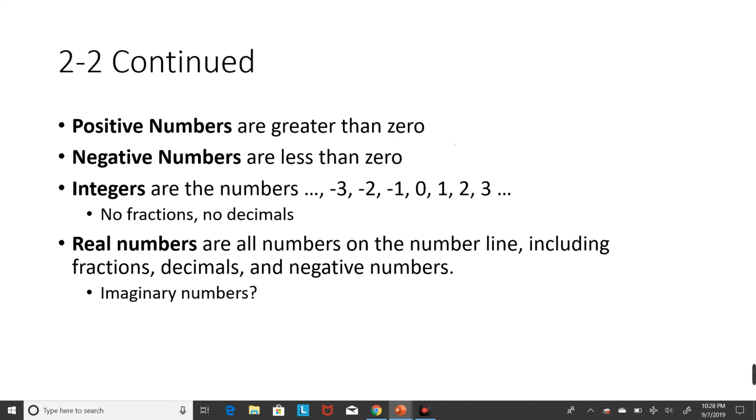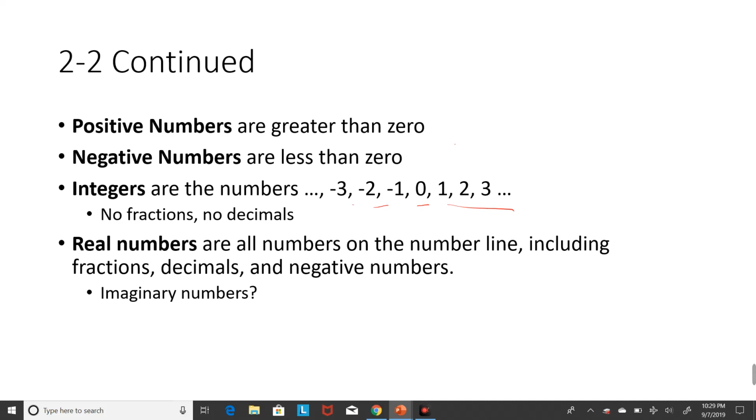Integers may or may not be a new term. Integers are the numbers that are negative, positive, and 0, but no fractions and no decimals. Real numbers, I think I mentioned this in the last section, but I'll go through it again, that real numbers are all the numbers on the number line, including fractions, decimals, and negative numbers.